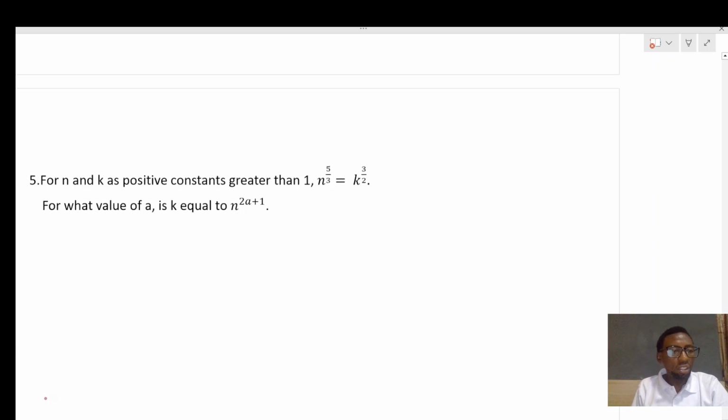Number 5 says that for n and k as positive constants greater than 1, they told you that n to the power 5 over 3 is equal to k to the power 3 over 2.